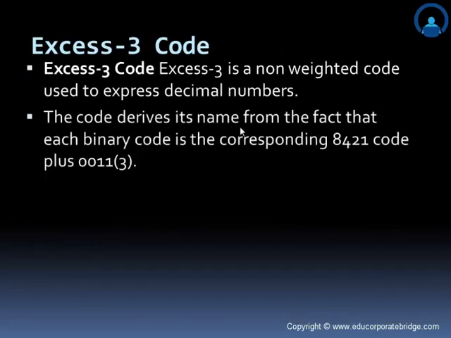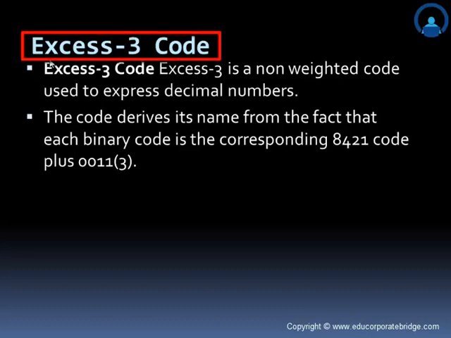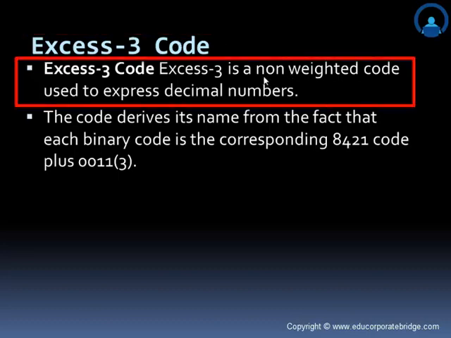Now the XS3 code. As we have already studied how the XS3 code is derived, let's have a brush up, a revision, of how the XS3 code can be generated. XS3 is a non-weighted code used to express decimal numbers.